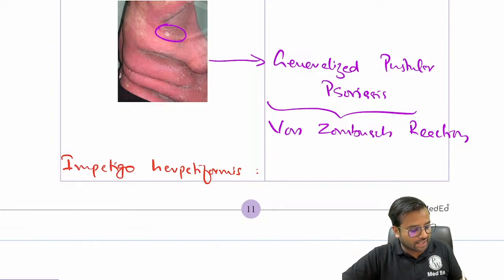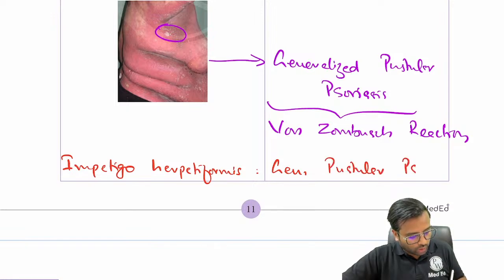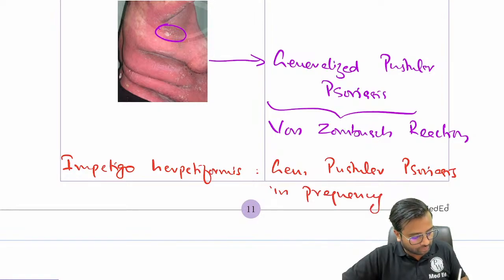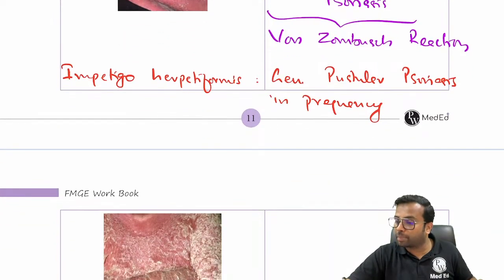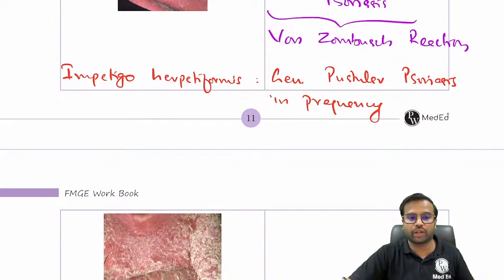This is generalized pustular psoriasis in pregnancy, isn't it? That is called impetigo herpetiformis. It is a misnomer. Very good.